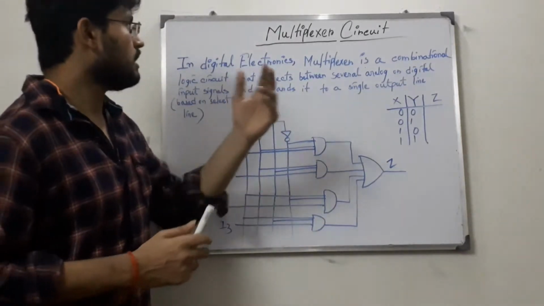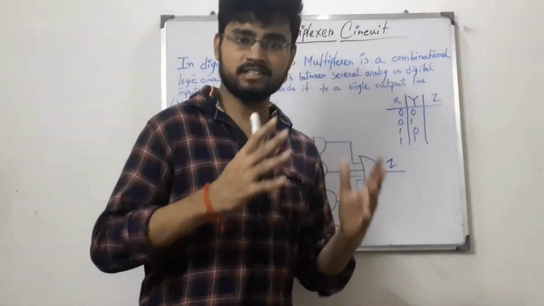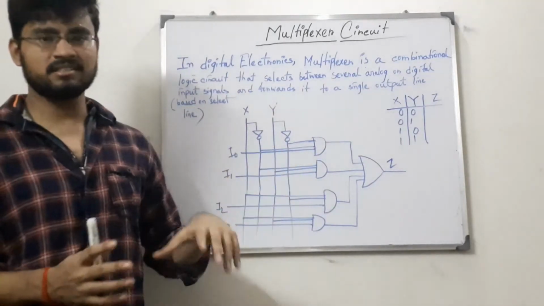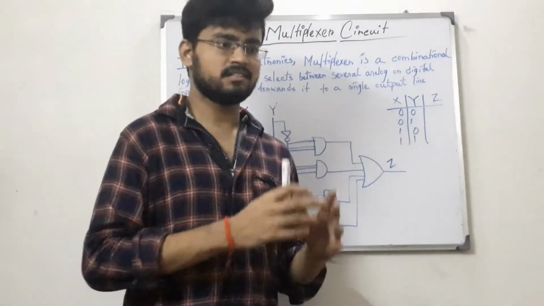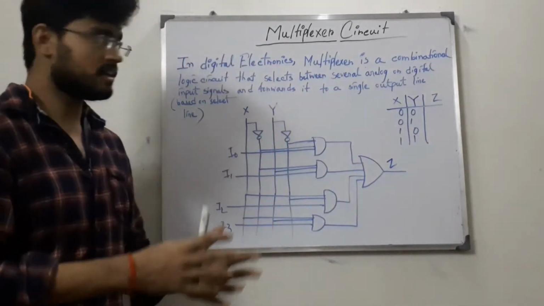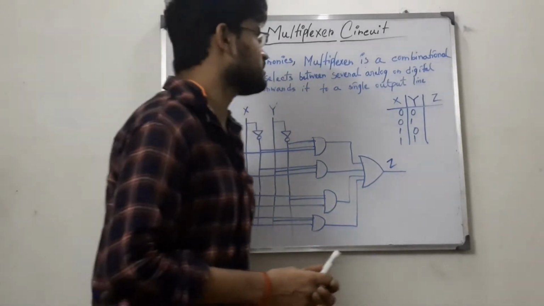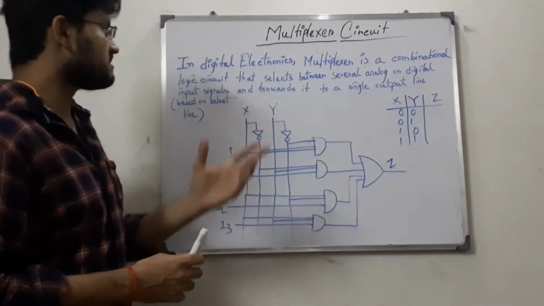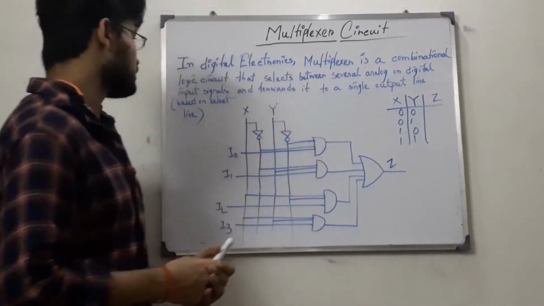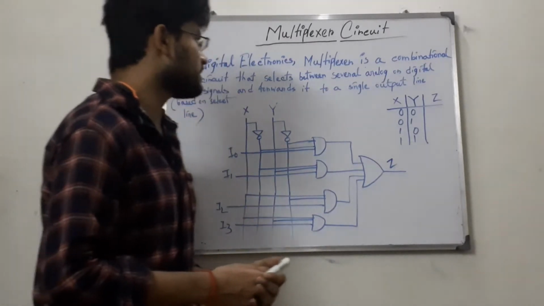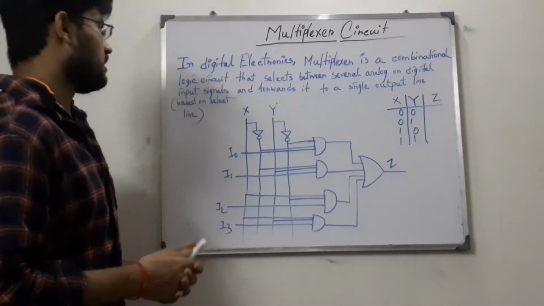As for now, the multiplexer circuit is basically a combinational circuit, so its output only depends on the present state of the input. In digital electronics, a multiplexer is a combinational logic circuit that selects between several analog or digital input signals and forwards one to a single output line based on the select line.